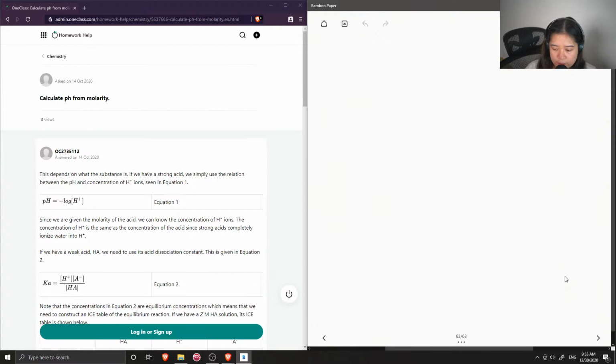Okay, so question number 8. Calculate pH from molarity. There are two instances on how we would do this. First, let's recall that the pH equation is equal to the negative log of the concentration of protons in the solution.